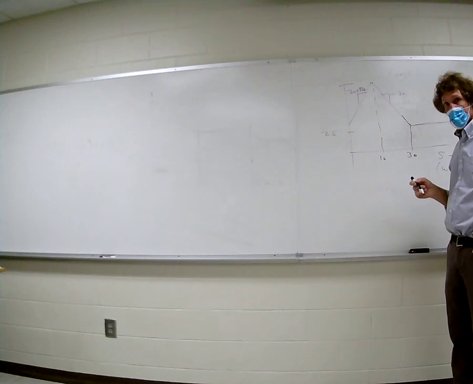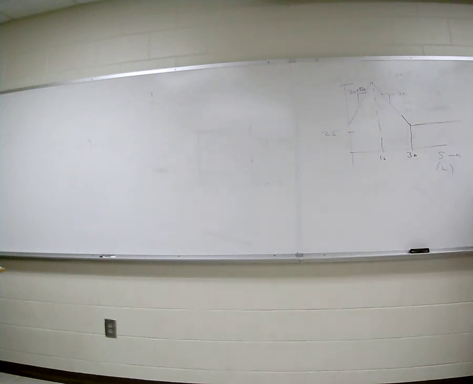Everybody with me? So if you do this, the general form would be some unknown constant k, times S right off the bat, since it's going up. Then we have S plus 10 squared.